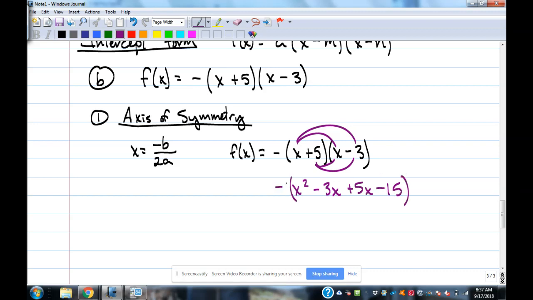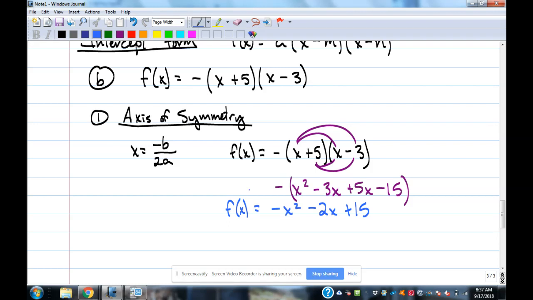And then we have the negative that we need to distribute as well. That's negative x squared. Negative 3 plus 5 would be positive 2, then put the negative on it, so negative 2x plus 15. Once we're there, we're back to standard form.